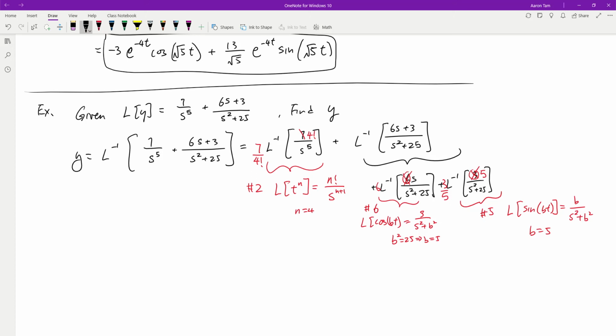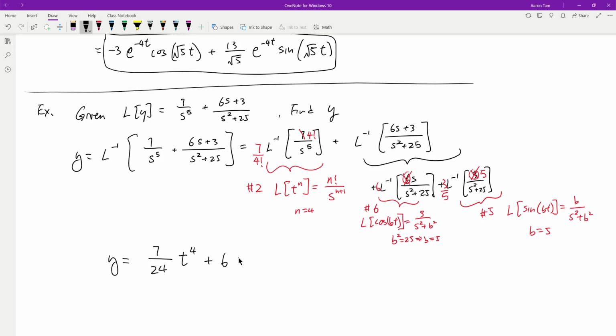Now I've fixed everything, and they look like the formulas, so I'm ready to answer the question. Therefore y would equal 7 over 4 factorial, which is 24, times the Laplace inverse of 4 factorial over s to the 5th, which fits rule number 2 with n equal to 4. So that becomes t to the 4th, plus 6 times what's inside, s over s squared plus 25, which fits the Laplace transform for cosine bt where b is 5.